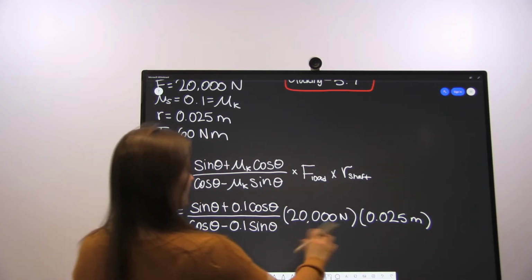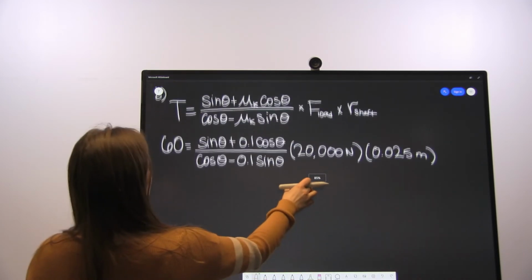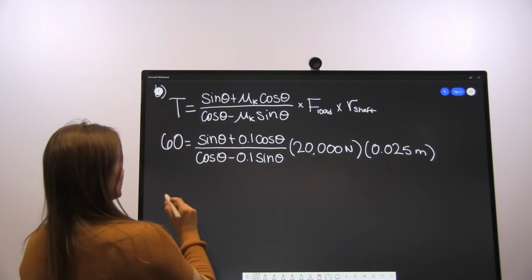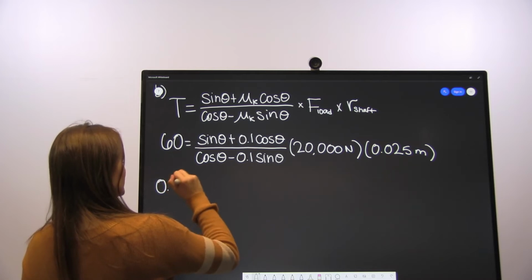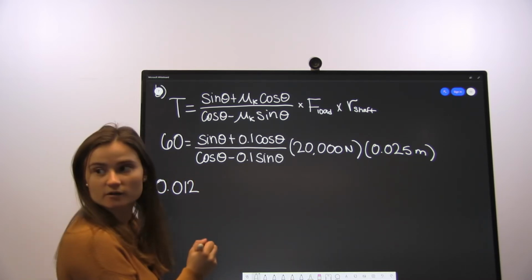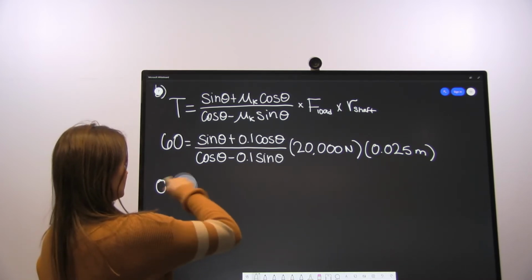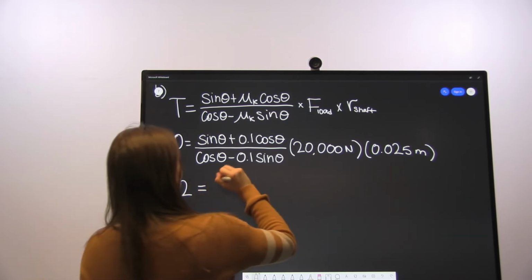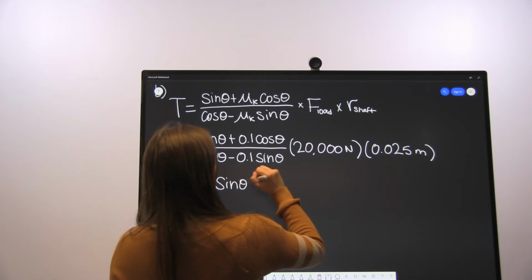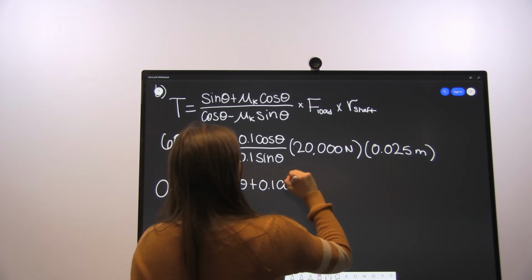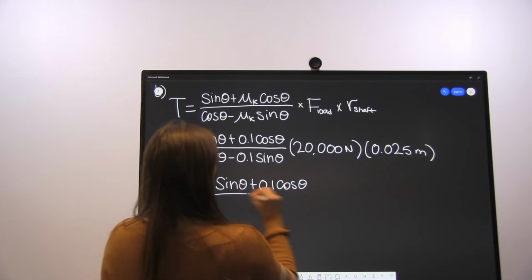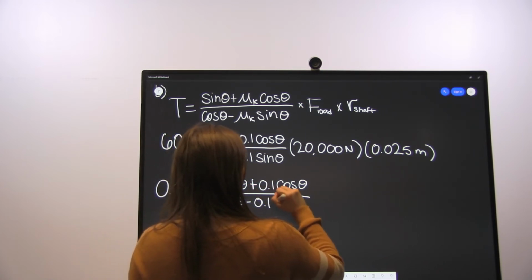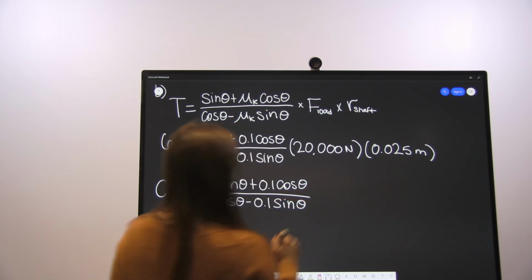So we can divide both sides by 20,000 times 0.025, and that leaves us with 0.12 is equal to sine theta plus 0.1 cosine theta divided by cosine theta minus 0.1 sine theta.